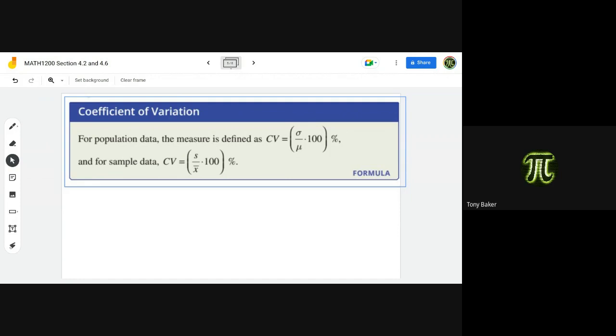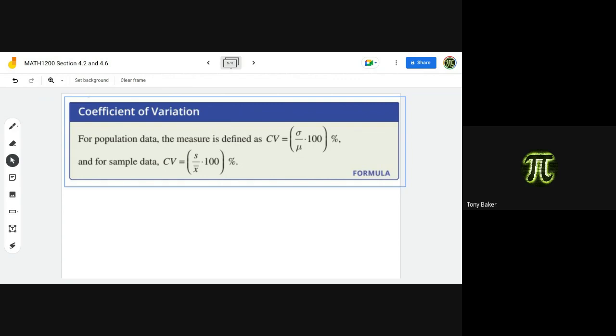Your coefficient of variation is going to be your standard deviation divided by your mean. So it's your standard deviation divided by your mean.